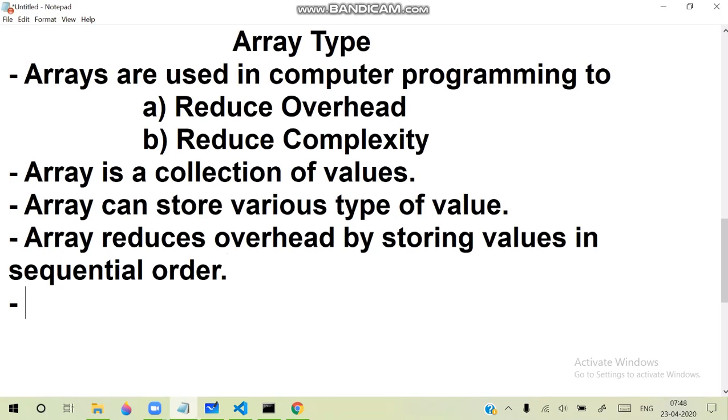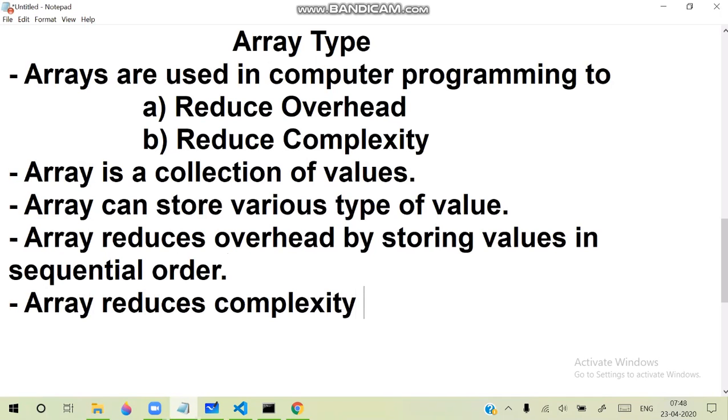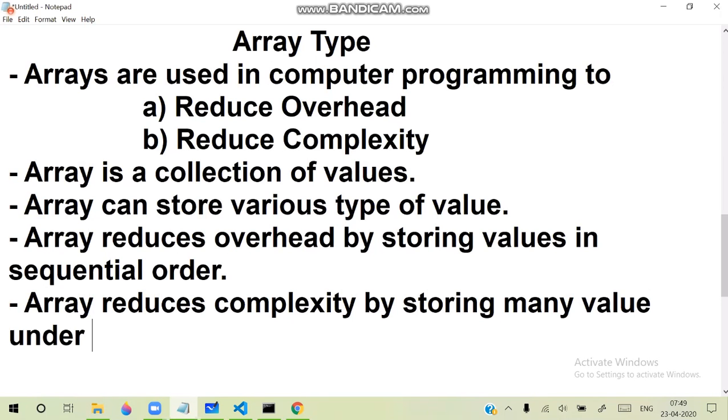Another point: array reduces complexity by storing many values under one name. That means the main purpose of array is to reduce overhead and to reduce complexity.